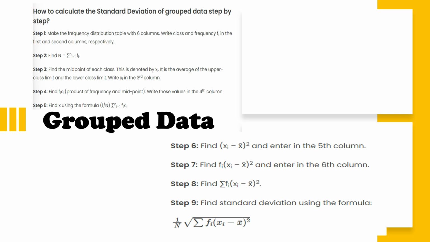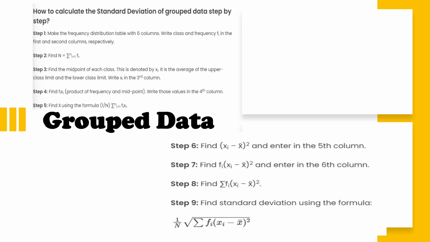Fourth, find the frequency times the x, which means the product of frequency and midpoint. Write those values in the fourth column.